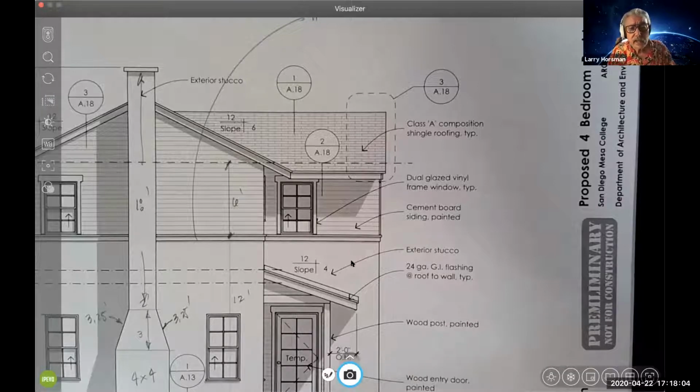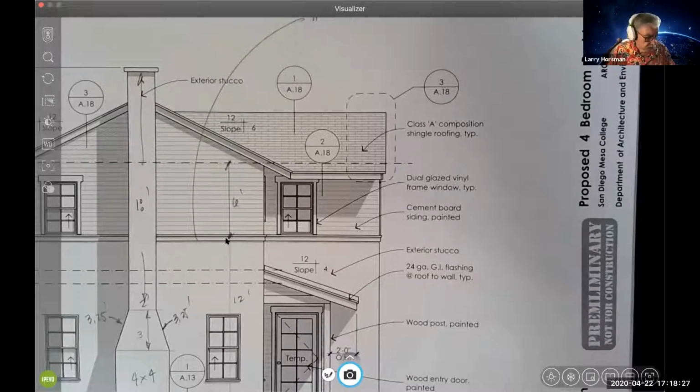Now we also have some trim shown here, and that has me a little bit concerned, mainly because it appears to stick out from the wall. And so we're going to need some flashing to protect the stucco. We're going to need some flashing between the bottom of this siding and this molding.